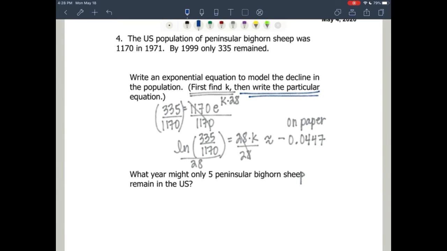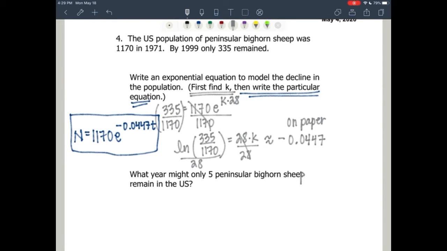Then write the particular equation. The end value is going to change. The initial value in 1971 does not, times e raised to the negative 0.0447 t power. So the two things that are changing are time and the end quantity of sheep.